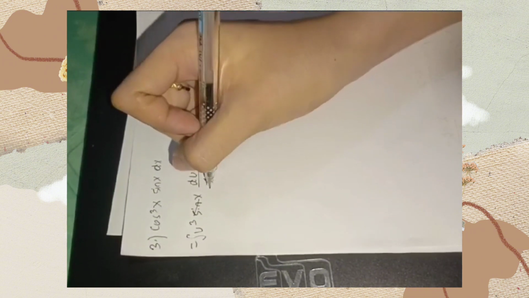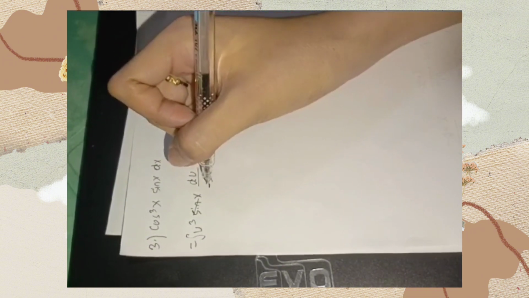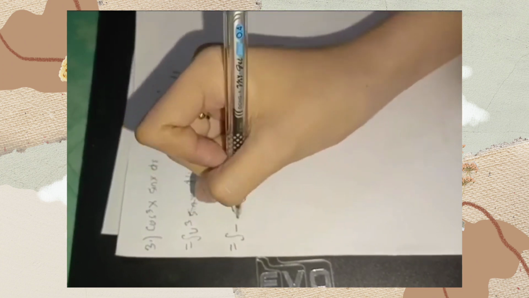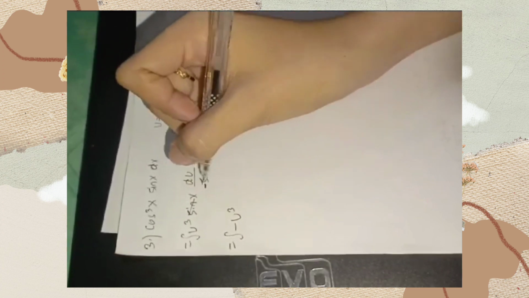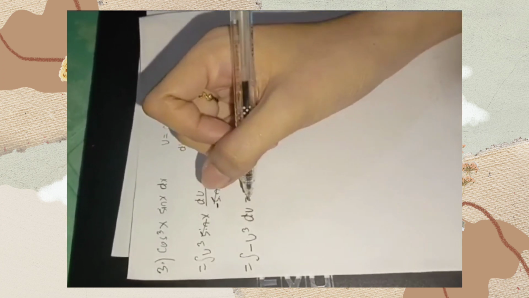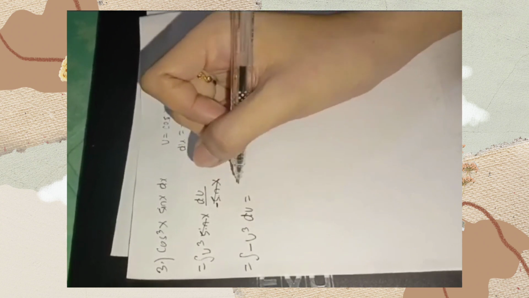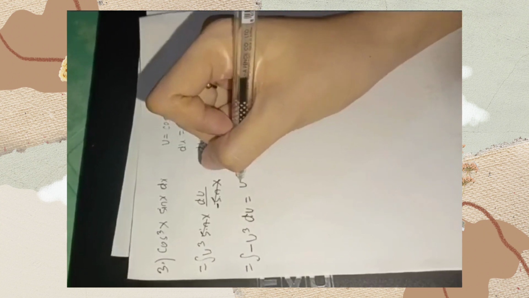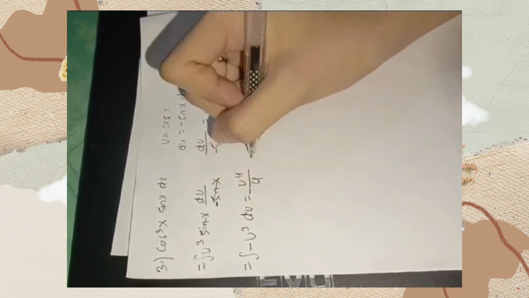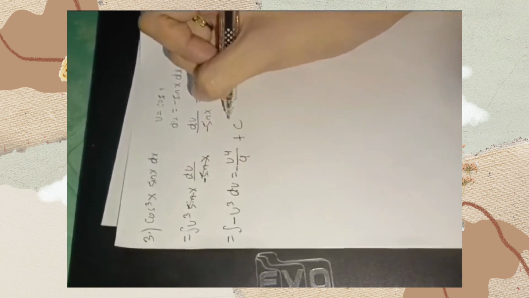So the negative, we put it in front. It is equal to the integral of negative u cubed du. So, let's find the antiderivative of u cubed. It will become u raised to 4 over 4, with the negative, plus c.